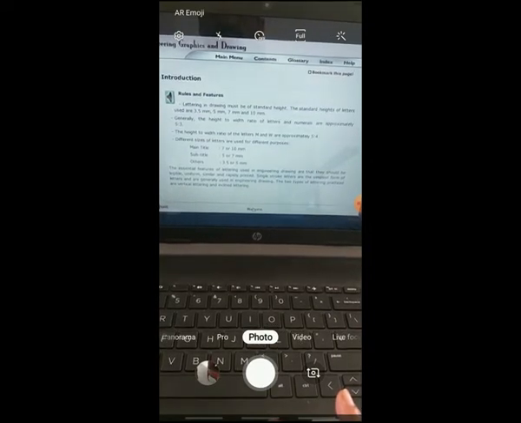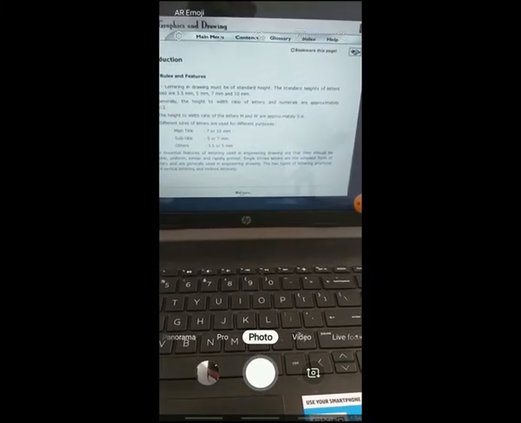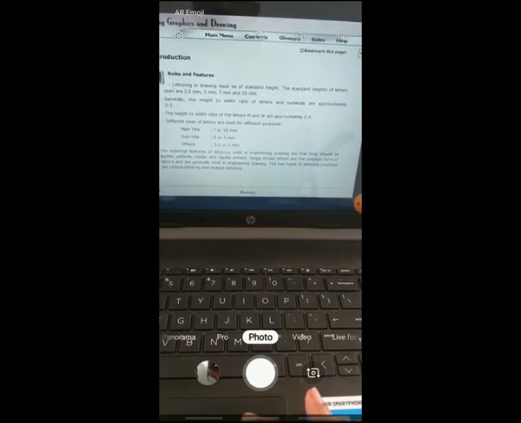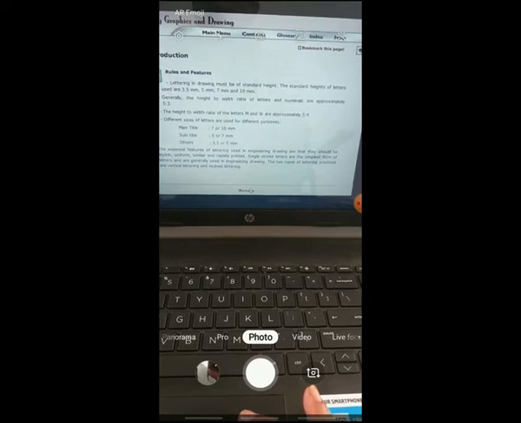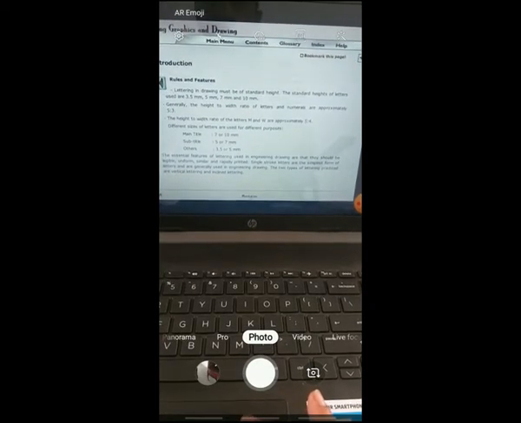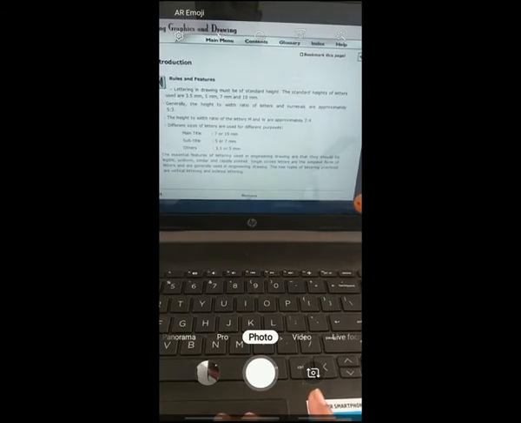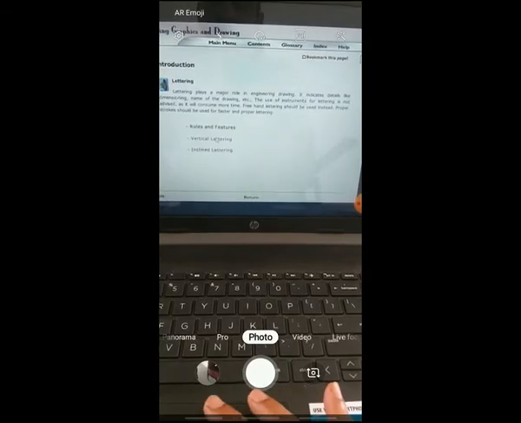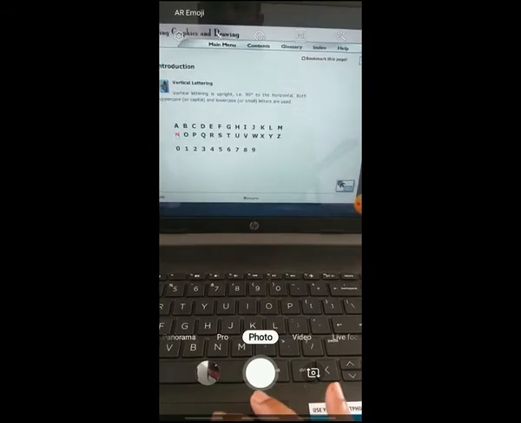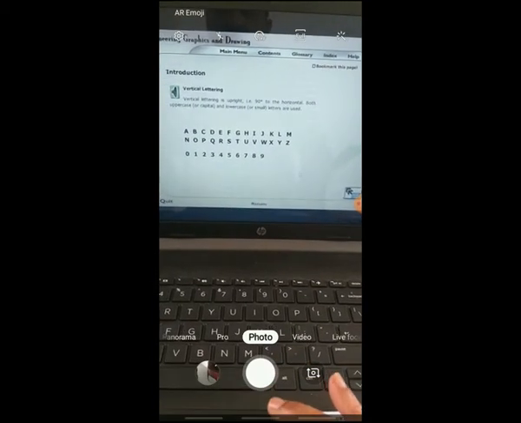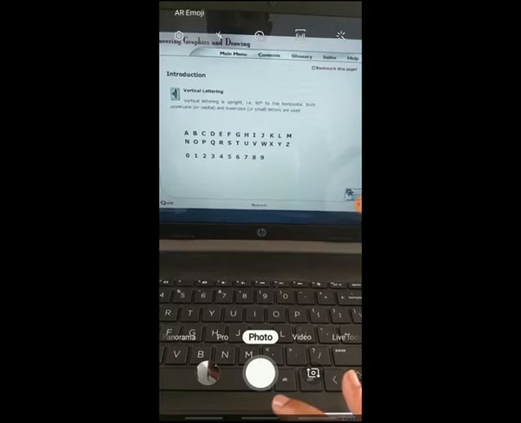The essential features of lettering used in engineering drawing are that they should be legible, uniform, similar and rapidly printed. Single stroke letters are the simplest form of letters and are generally used in engineering drawing. The two types of lettering practiced are vertical lettering and inclined lettering. Vertical lettering is upright, that means 90 degrees to the horizontal.